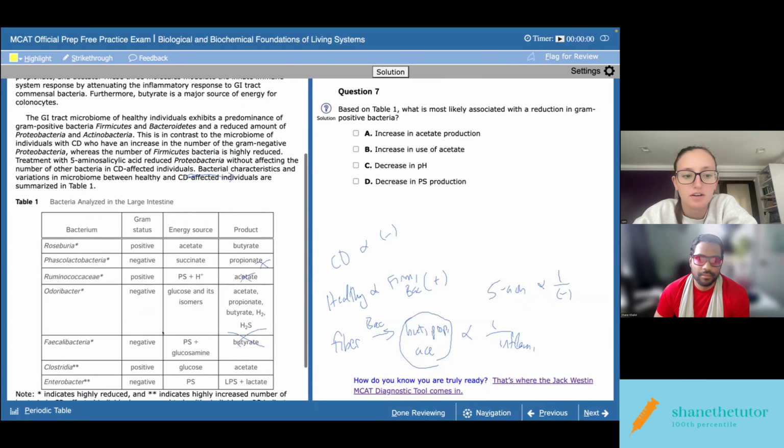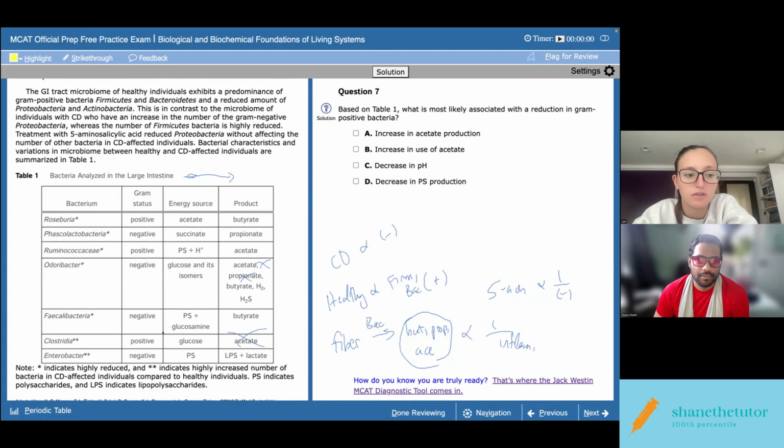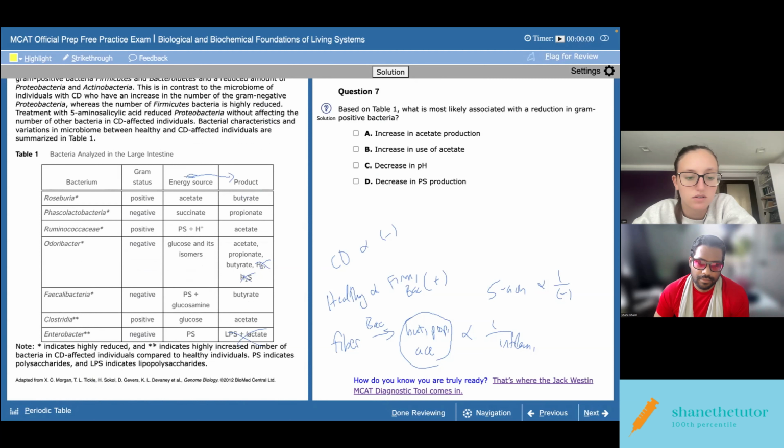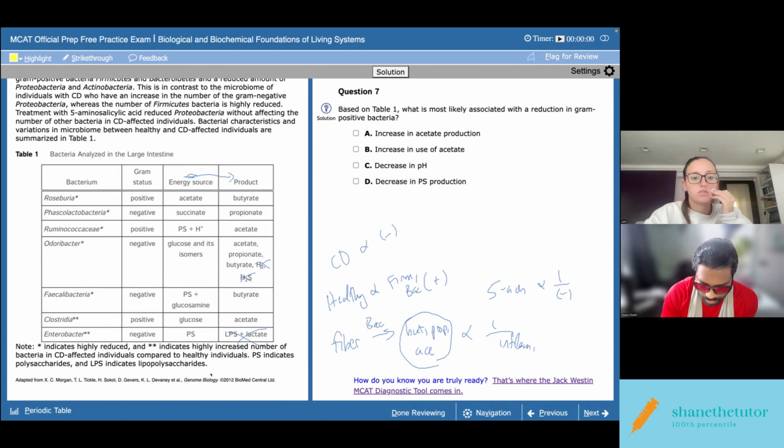So then I could look at the table and see what factors are associated with that. So the double stars, we would be looking at the two-starred ones, right? Because those are the ones that are higher in CD affected patients.